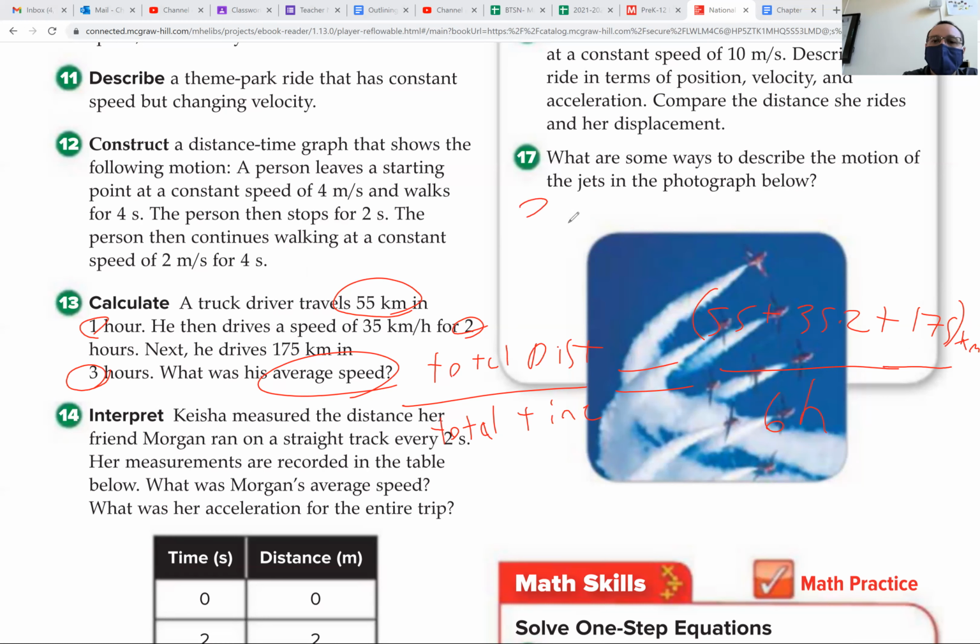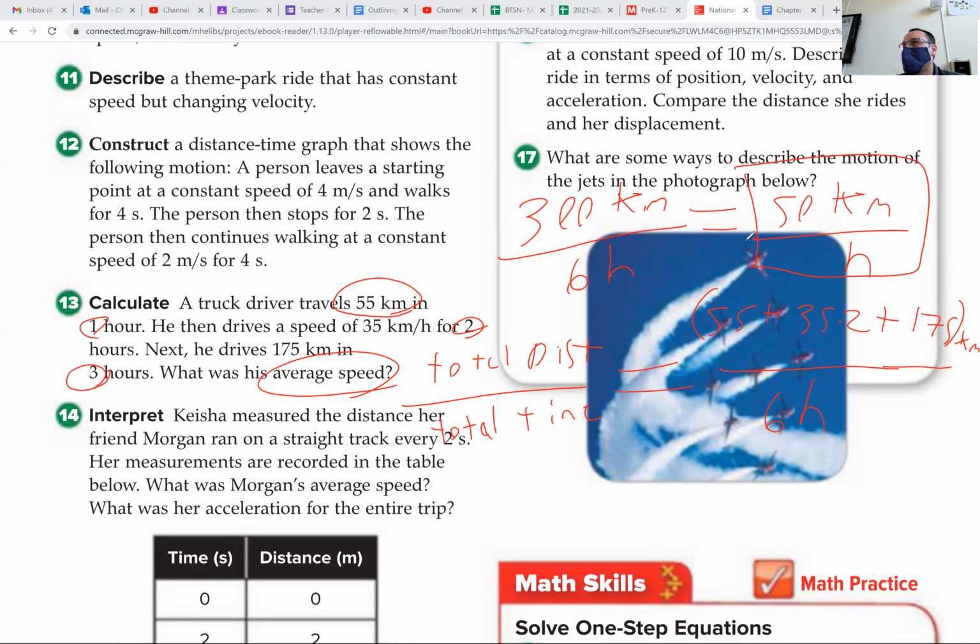So you're gonna get 300 kilometers in 6 hours. That gives you 50 kilometers per hour, okay? That's your answer, 50 kilometers per hour, all right? So understanding how to read the problem and then set up the math, that's the key thing. This math is simple, but being able to set it up is crucially important for us, okay? Any questions? All right, let's move on.